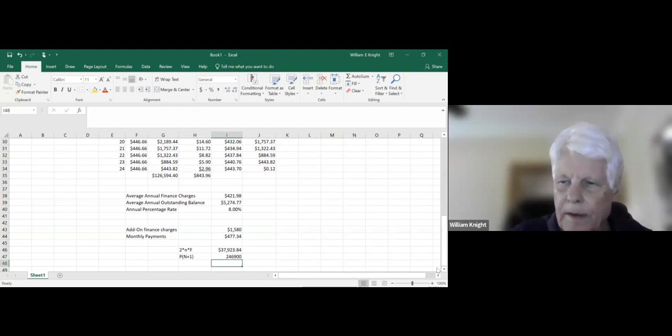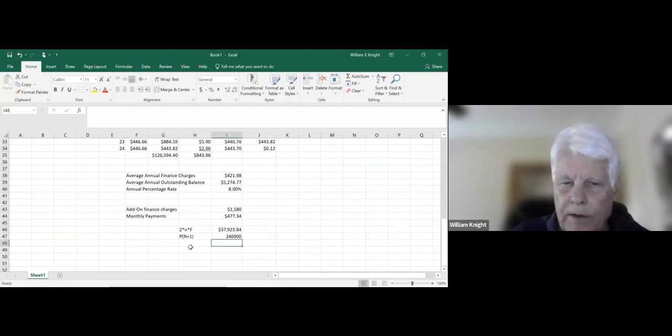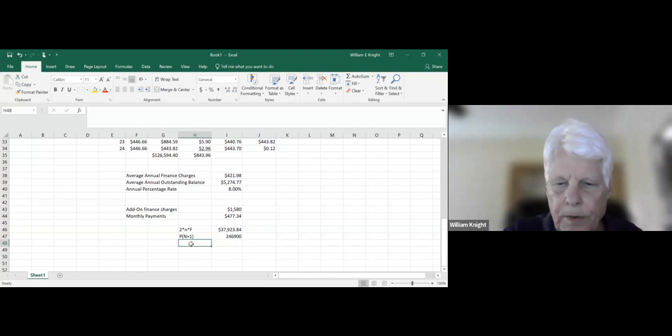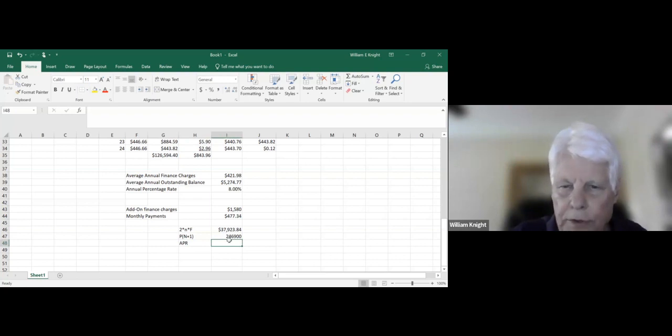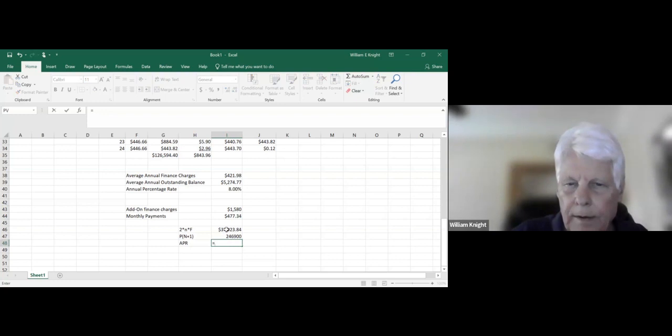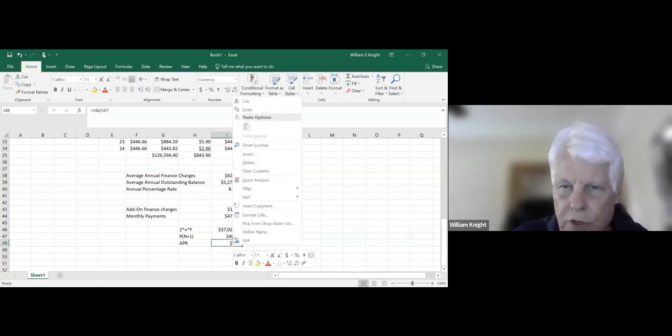Okay, so the APR then would be the ratio of the two, which would be the numerator divided by the denominator. So let's turn that into a percentage.